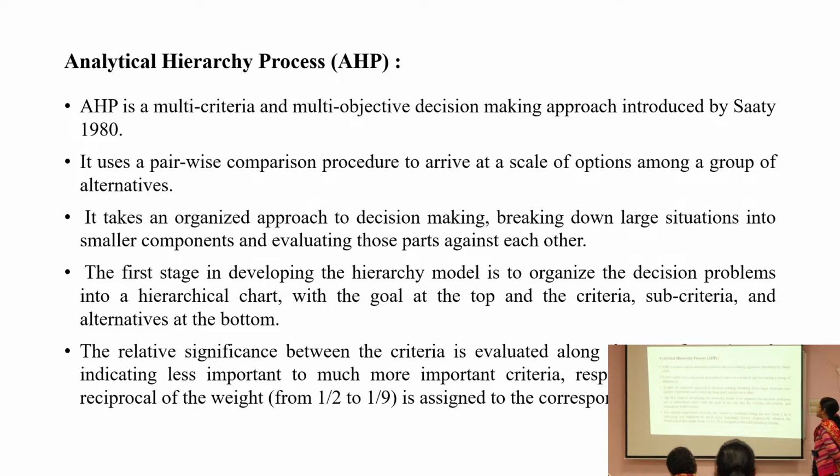The relative significance between the criteria is evaluated along the scale from 1 to 9, indicating less important to much more important criteria. Understand? So 1 to 9, if you have 9 parameters, the least is 1, then it will be increasing, and the highest is 9. Okay. So similarly, the reciprocal of the weight, 1 by 2, 1 by 3, 1 by 4, like this up to 1 by 9, is assigned reciprocally, more to less. Okay.